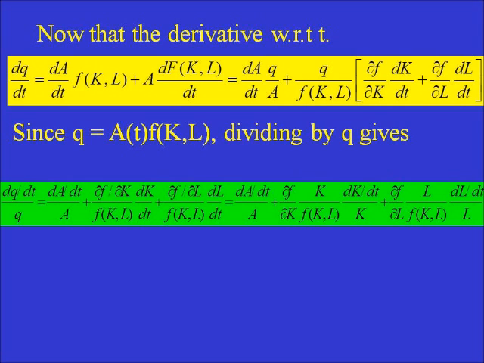Rather, each element has a growth rate in it. The first element is a growth rate of nothing more than the change in A divided by A. The other two elements also have a growth rate.